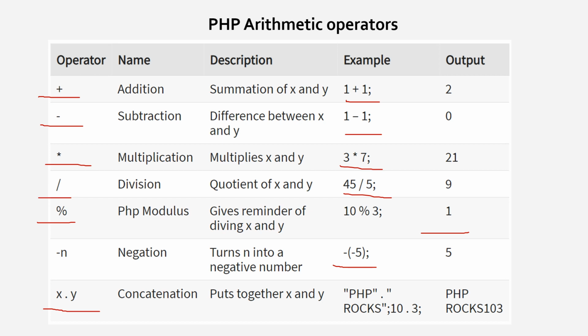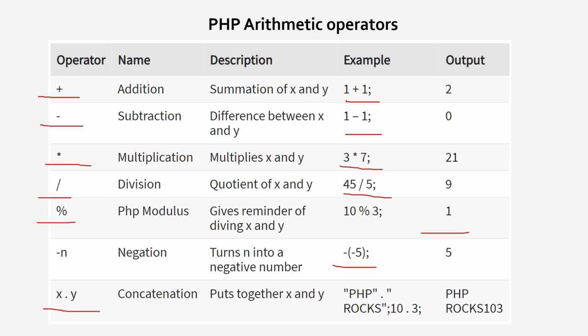Now we are going to discuss PHP operators, that is arithmetic operators, comparison operators, assignment operators, logical operators, and all we will discuss. Generally arithmetic operations, addition, subtraction, multiplication, division, modulus, we are familiar with.